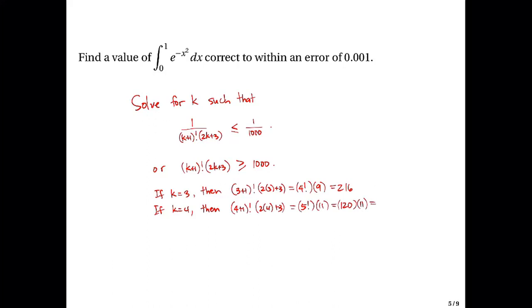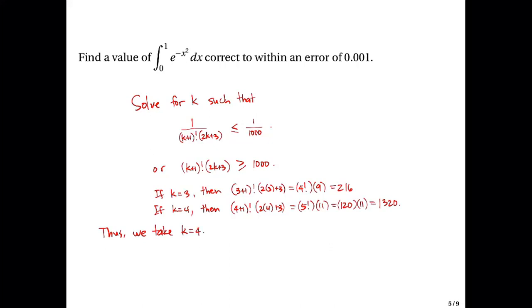Correct? This is 1320. So what does this mean? We just need k equals 4. Thus, we take k equals 4.